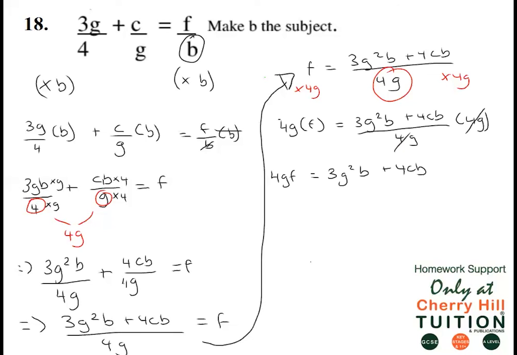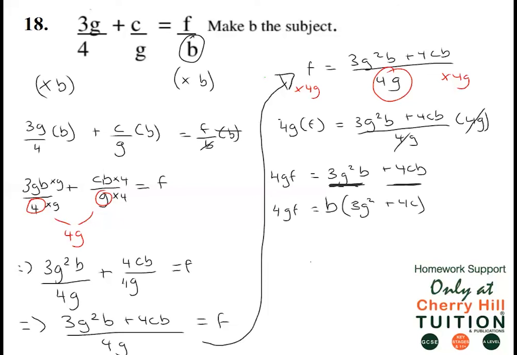Now it's quite simple. What we need to do is we need the b on its own. And we have b in this term and this term, in all the terms on the right-hand side. So we can factorize this. We can bring the b out inside the brackets. In order to get 3g squared b, we need a 3g squared here, and then a plus 4c.